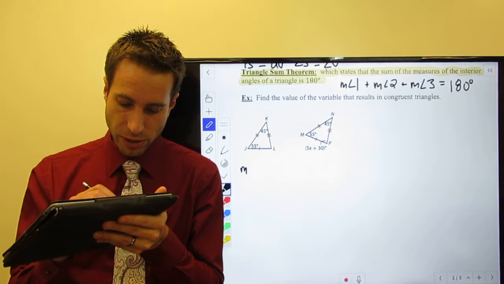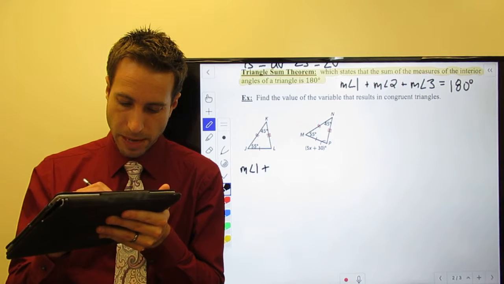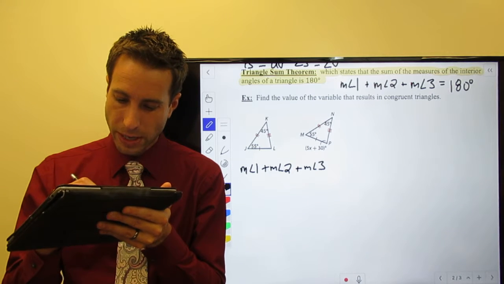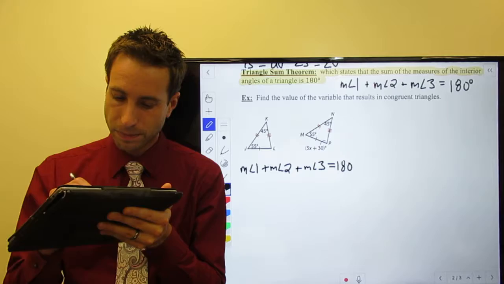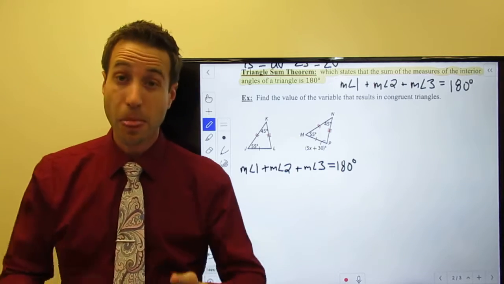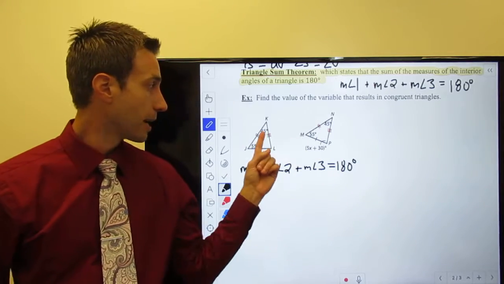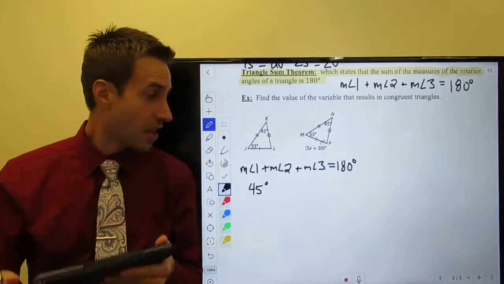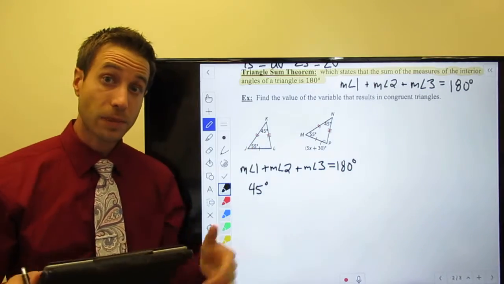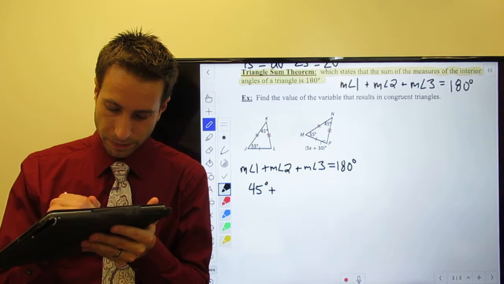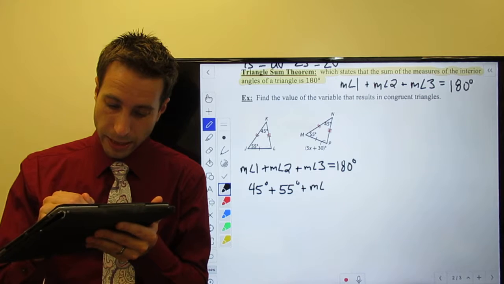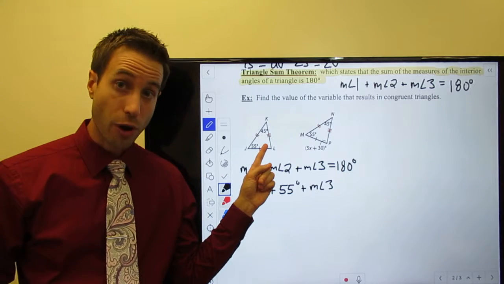So here's what you're going to do. Take the measure of angle 1 plus the measure of angle 2 plus the measure of angle 3, and set it equal to 180 degrees. Angle 1 is 45. Angle 2 is 55. Angle 3, I don't know.